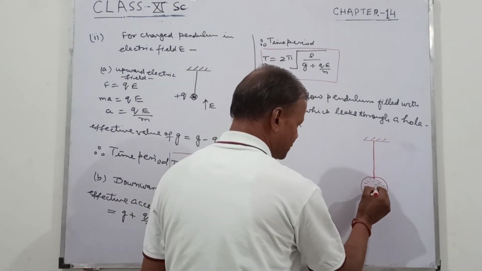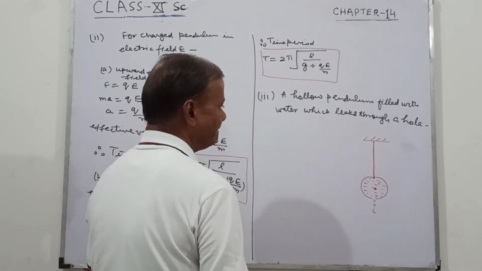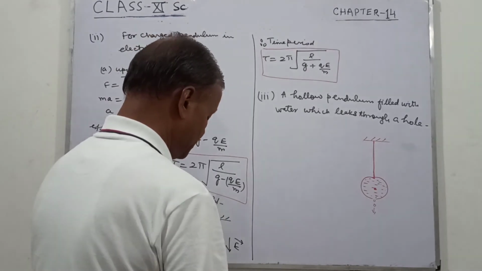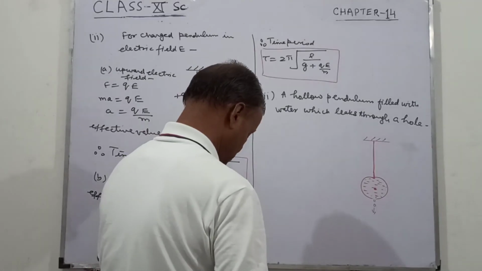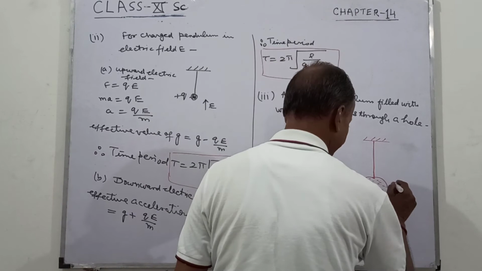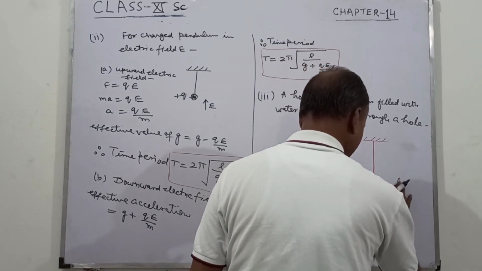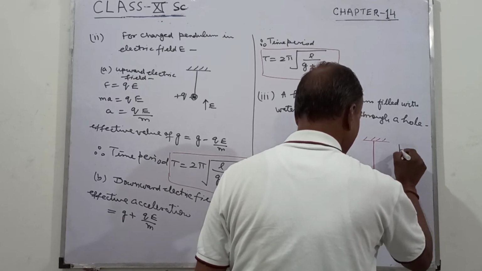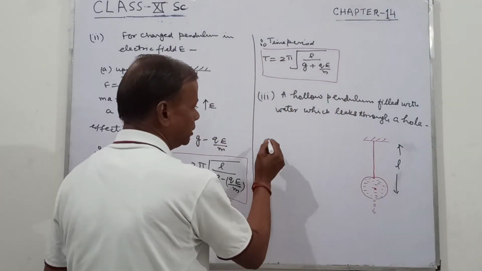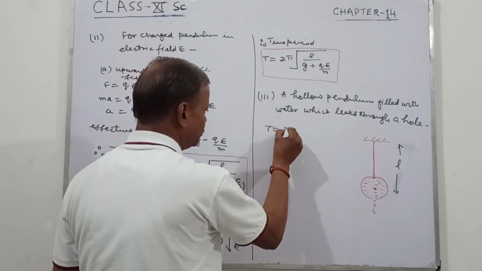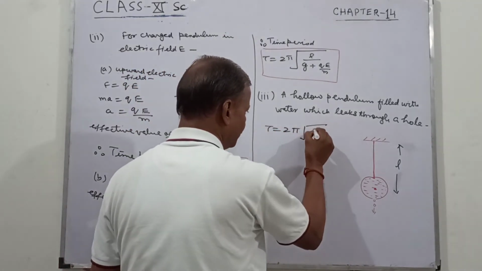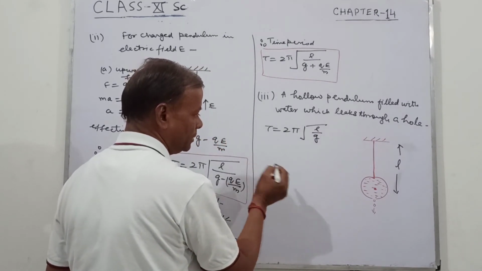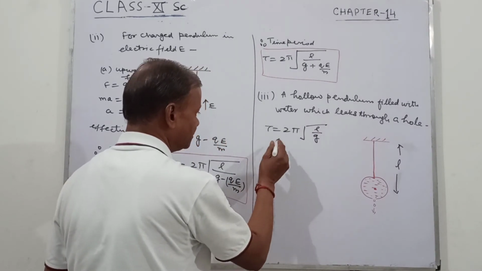This is the center. So you can see from the relation, the effective length, the time period T equal to 2 pi square root of L upon g, when the water does not leak from it.